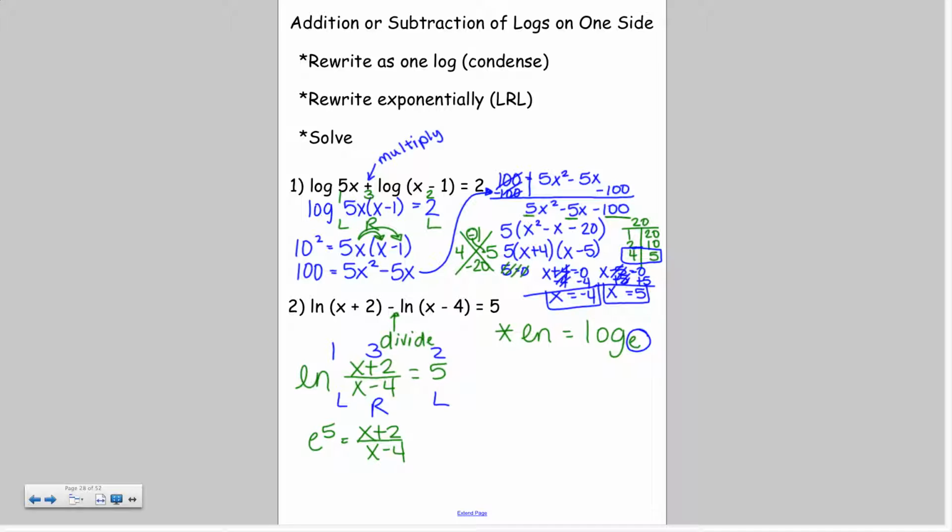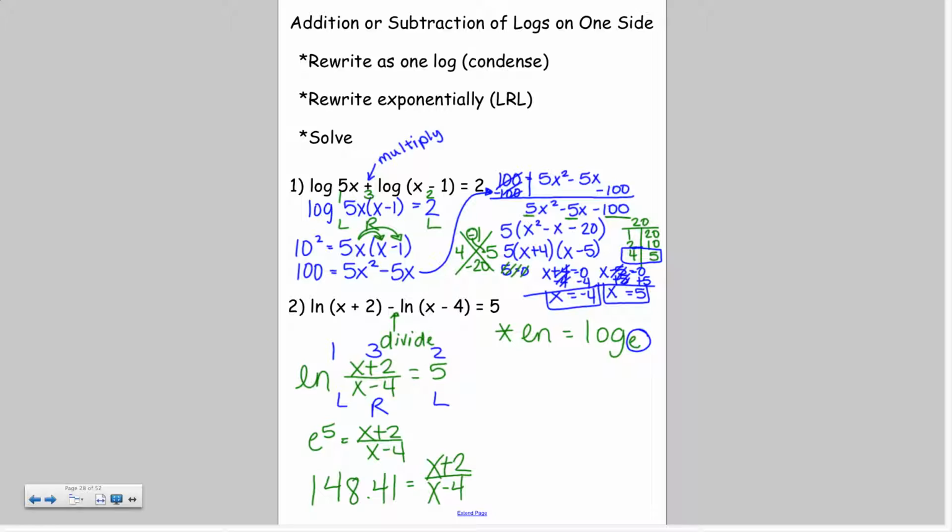That's going to give you e, and it's going to give you a box, and push 5. And then enter, and it'll give you the value of e to the 5th. So e to the 5th is 148.41, and that is equal to x plus 2 over x minus 4.